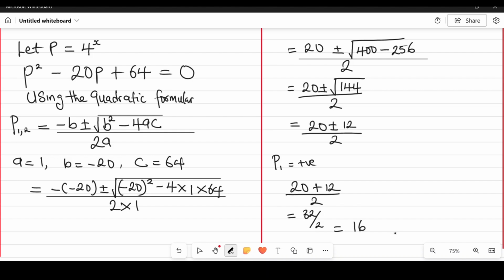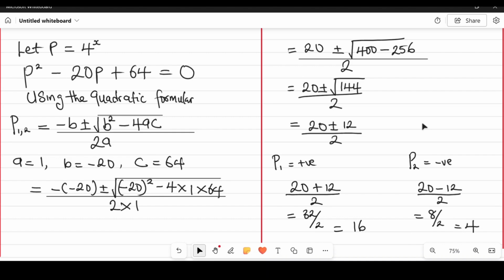Also, for p subscript 2, which will be negative, we have that 20 minus 12 divided by 2. So this will be equal to 8, and 8 divided by 2 is equal to 4. So we have a value for the positive and for the negative value of our quadratic equation.